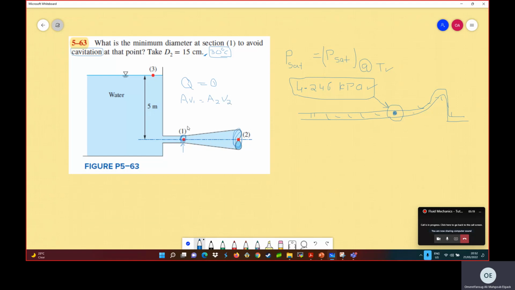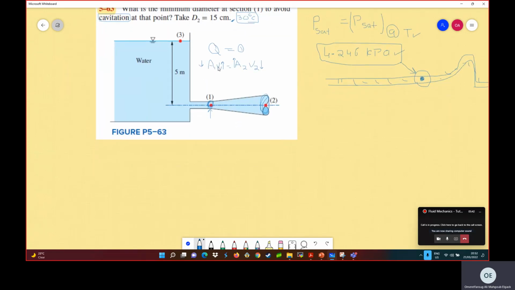If the area at 1 is lower, then V1 is higher. And here the inverse: A2, the cross-sectional area at 2, is bigger, and therefore the velocity is lower.